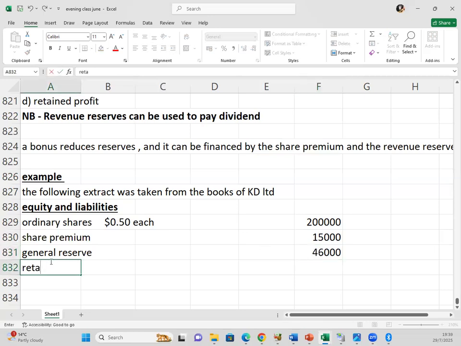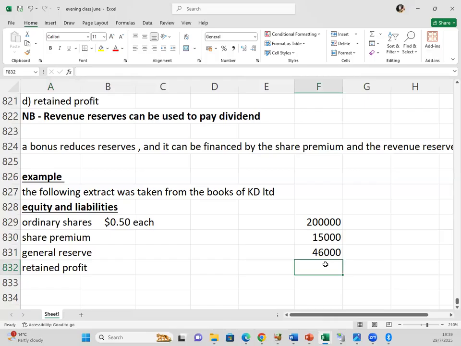Retained profit 54,000. Let me reduce this one, sorry. Instead of 200,000, let's put it at 100,000.